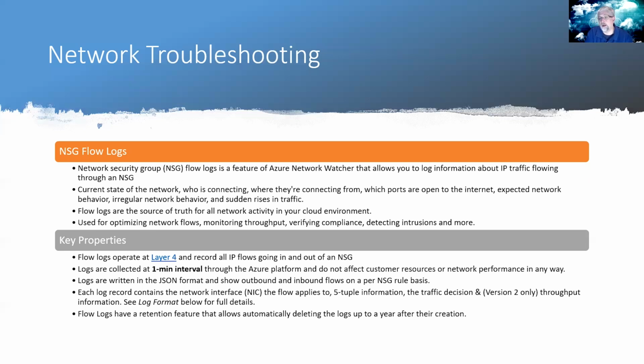Did they come in that way? Or were they already inside? And this will help you piece that path together. It will also give you an idea on how your traffic is routing, those kind of things. And you should know it operates at layer 4. It does 1-minute intervals.